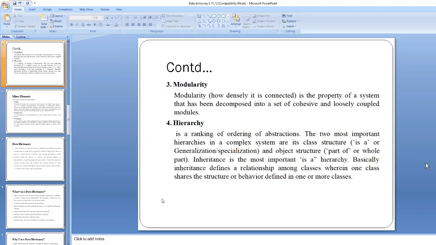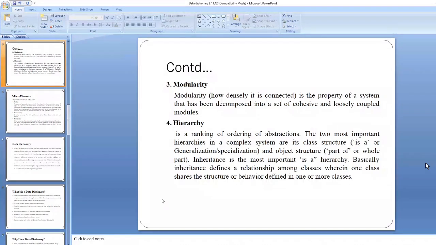Now, the two most important hierarchies in a complex system are its class structure, that is generalization or specialization ("is a"), and object structure, part of or whole-part. Inheritance is the most important "is a" hierarchy.